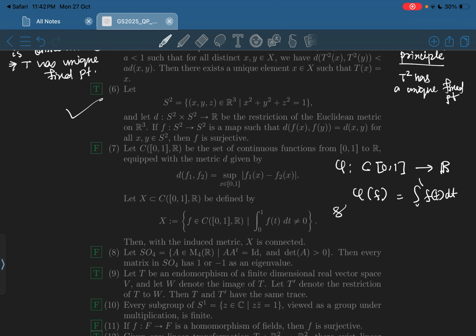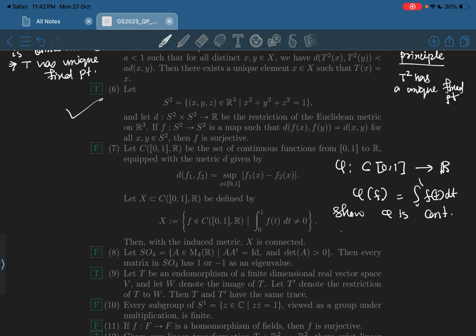Show that phi is continuous. Very simple. Those who have read metric space have already encountered this continuous function. So this is a continuous function.